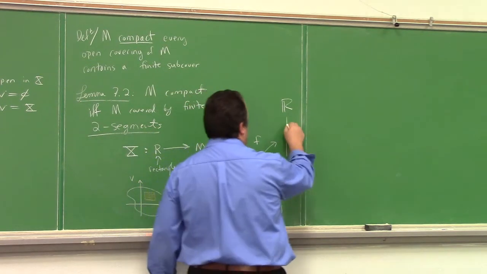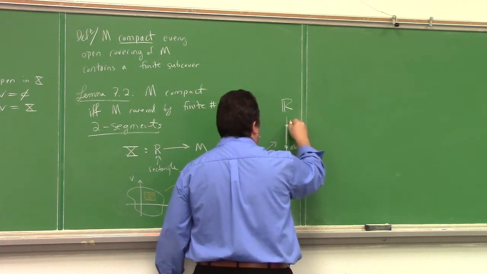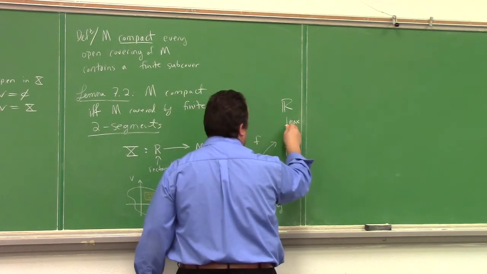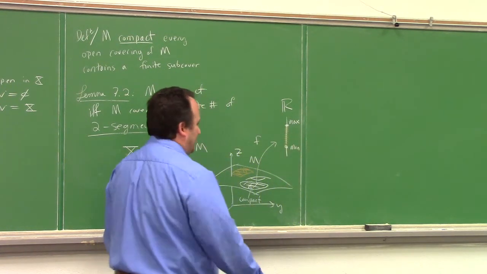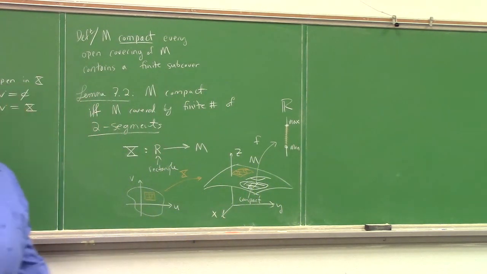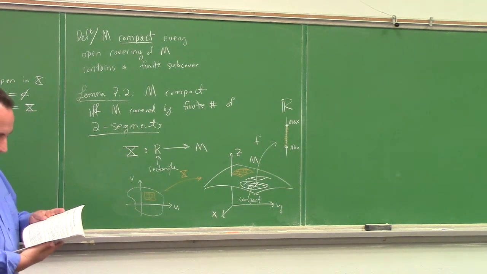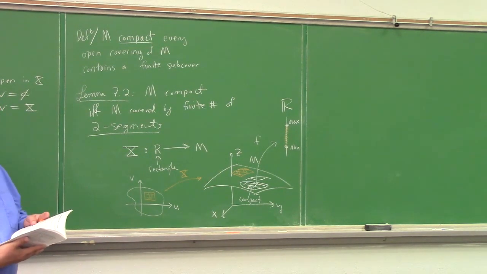So the image of f has to look like this: min, max, and also it has to cover everything between those, I think. He doesn't say that it has to attain everything in between, but I think that's actually true. I might be wrong about that, but anyway, this is the extreme value theorem.